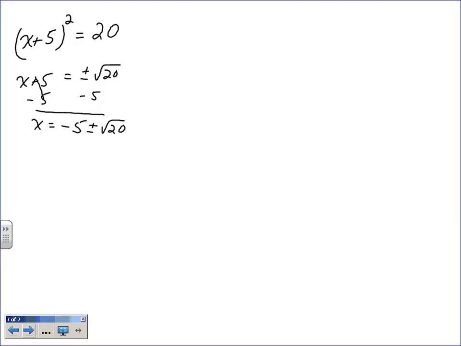All right, so given a problem like this, before we start, we're going to do completing the square. This is all stuff we know. I want you to remember this. Okay?